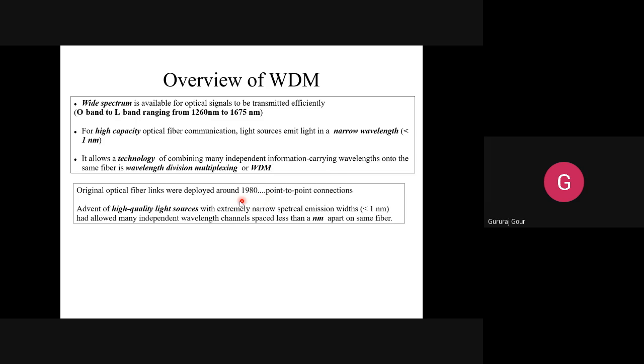Deploying optical fiber communication lines requires crores and crores of money, and after deploying, if it supports only a single wavelength, it is not of much practical use in society.